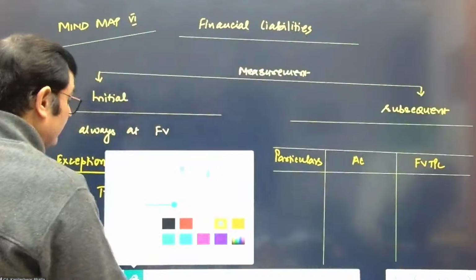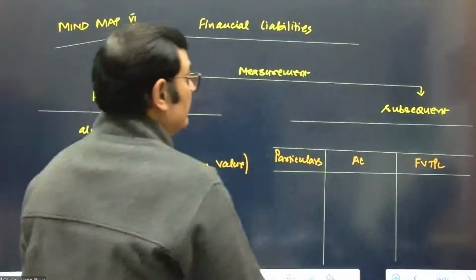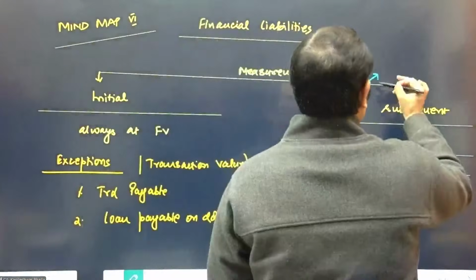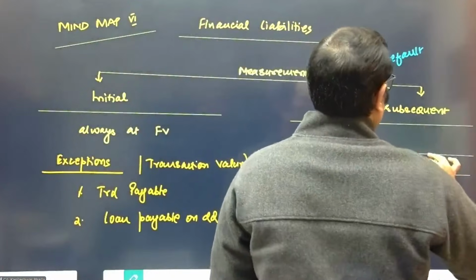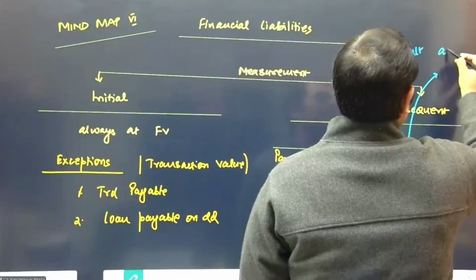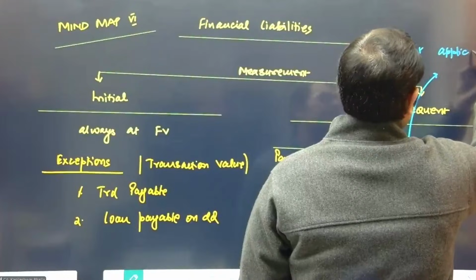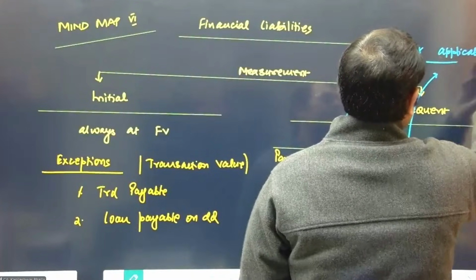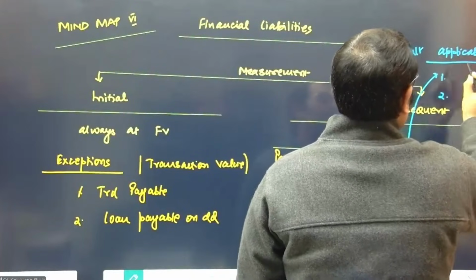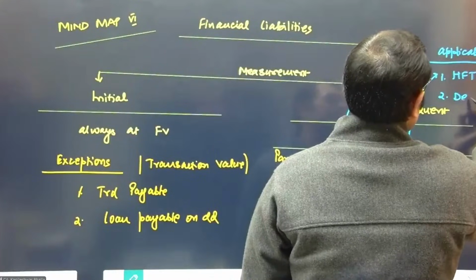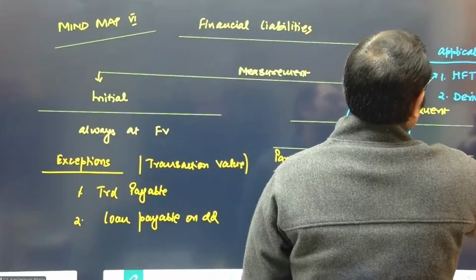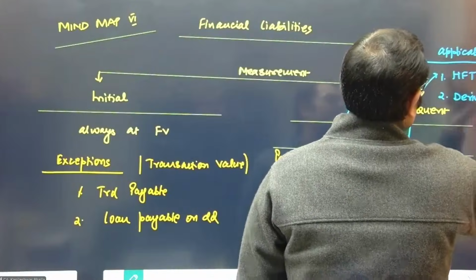But prior to that, let's first put it that AC is more or less a default category. FVTPL is applicable basically in two cases: if it is held for trading, or if it is a derivative financial liability.